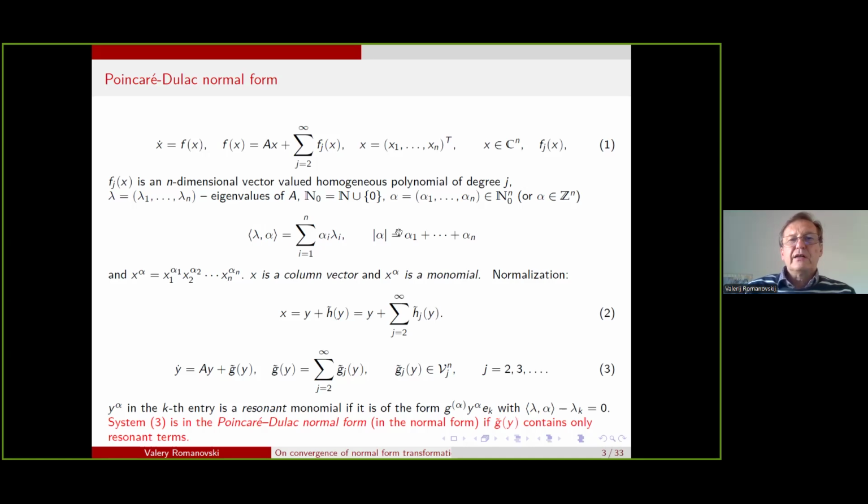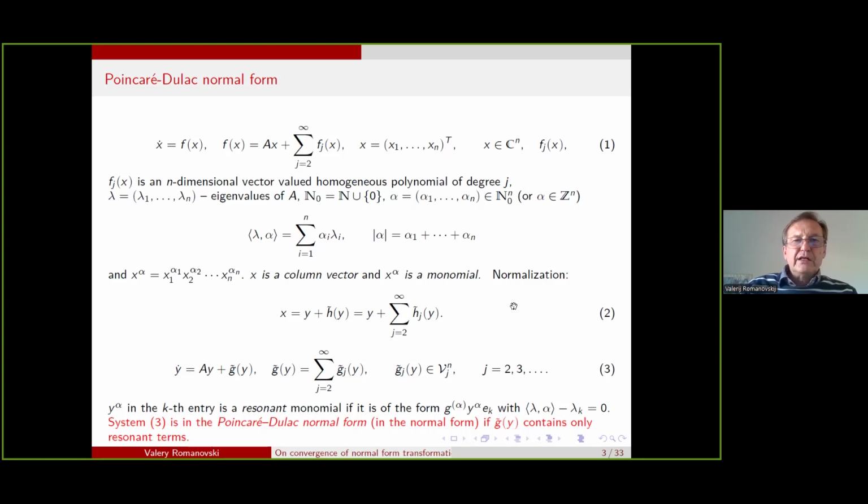The absolute value of alpha is the sum alpha 1 plus ... plus alpha n. By x to the alpha we denote the monomial x1^alpha1 x2^alpha2 and so on, where x is a column vector.